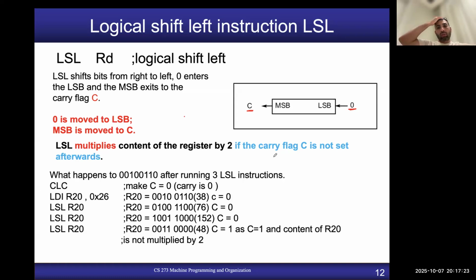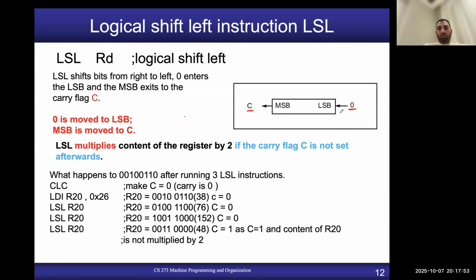You don't need the multiply instruction, because typically the multiply instruction is more expensive in terms of clock cycles as compared to the logical shift instruction. So if you are multiplying a number by 2, you can simply use the logical shift left instruction. How it results in multiplying a register value by 2, I will explain.